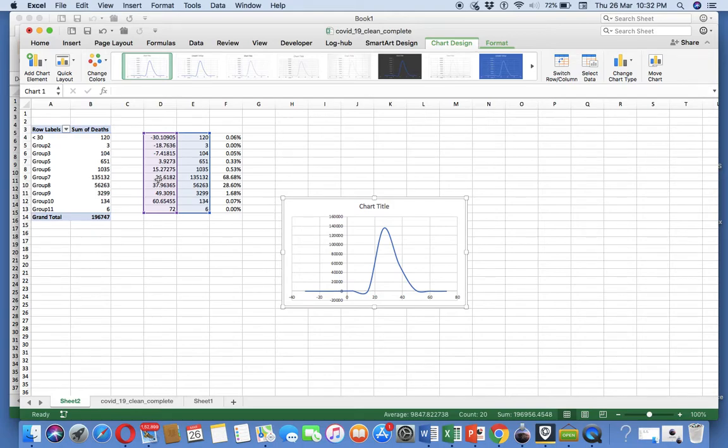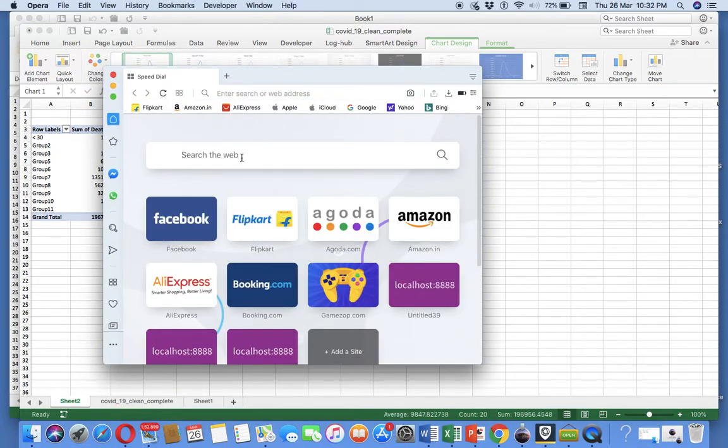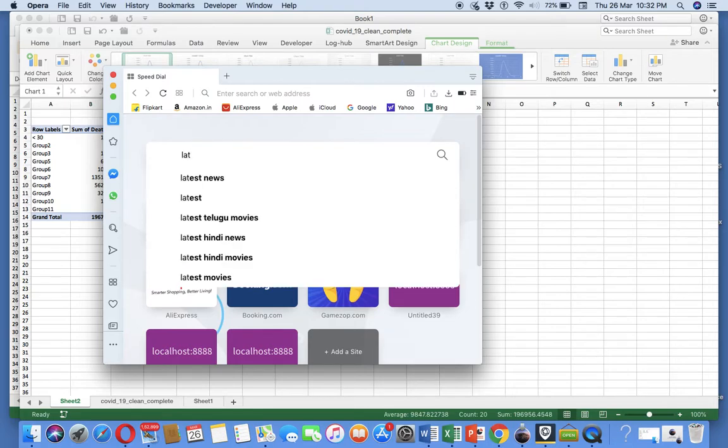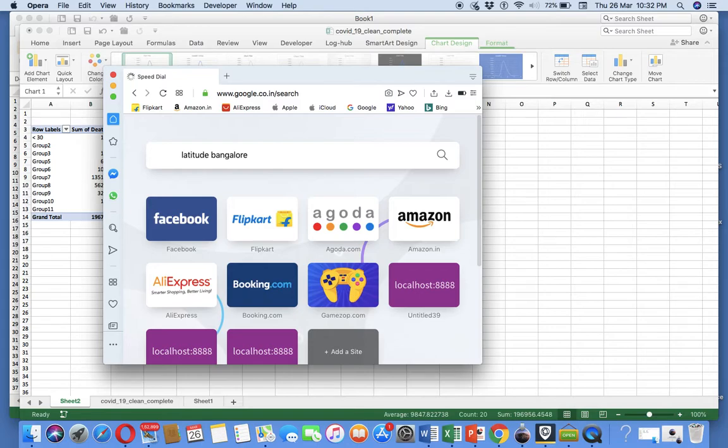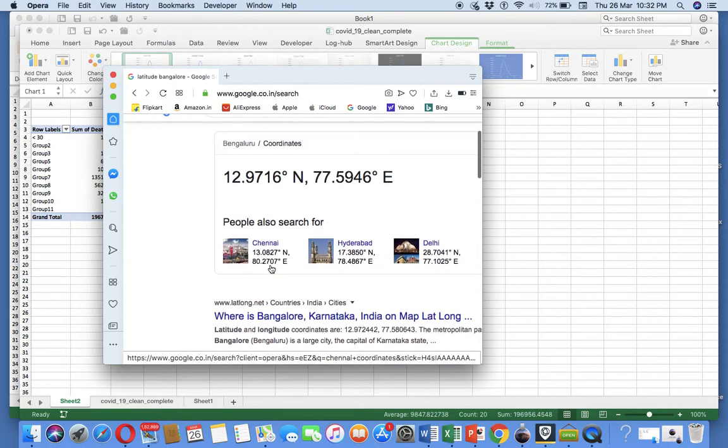So just out of curiosity, you can just go and say latitude, Bangalore. Then the latitude is 15... Bangalore latitude is 12.97 degrees north.